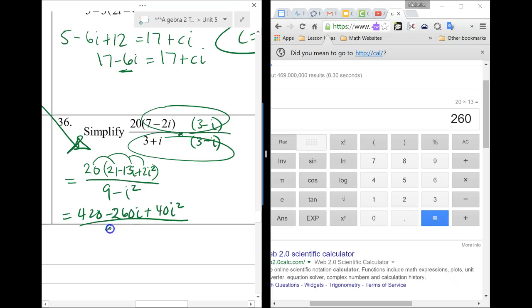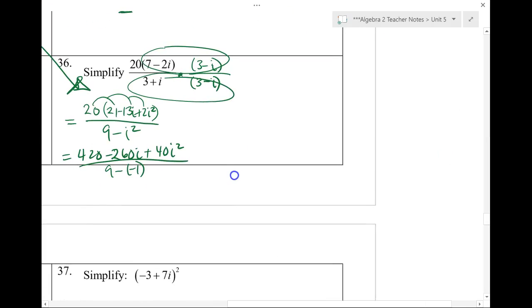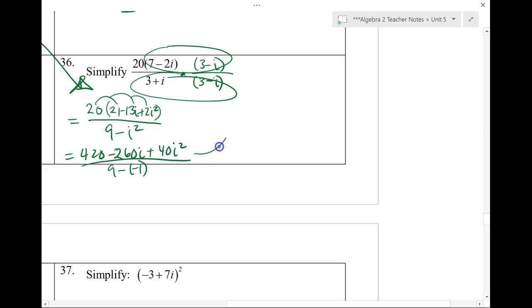Okay, now this is i squared, right? So this actually works out to be negative 1. Alright, and then let's keep simplifying here. Now this 40i squared, that's going to be negative 1. So then that will become 40 minus 260i minus 40 now, because that was a negative.